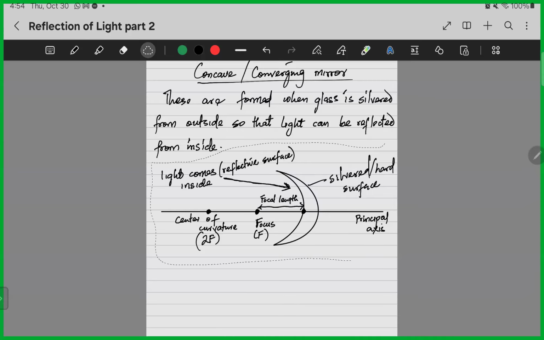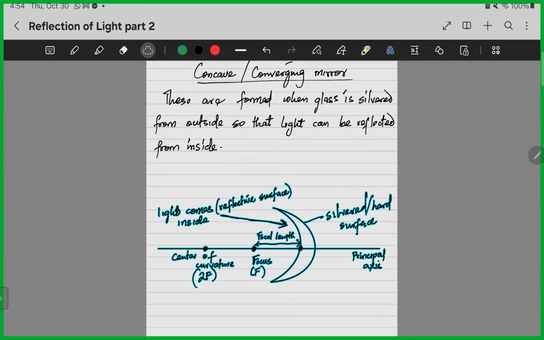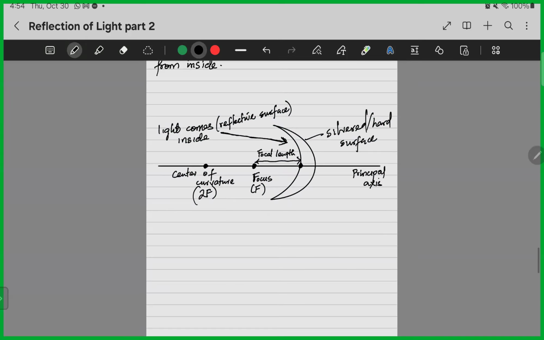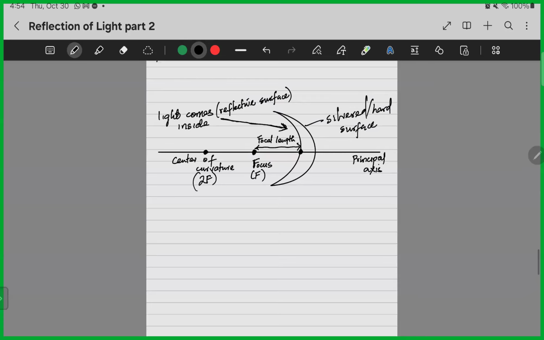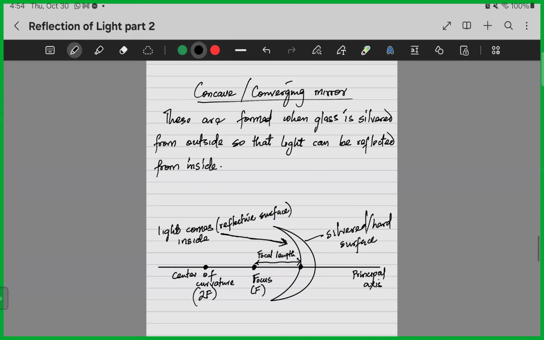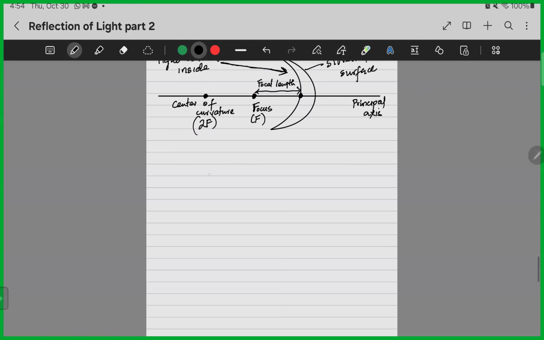Let me move it downwards a bit. So please pay attention. We have talked about a couple of things right now. And this is the diagram of a concave mirror. That's how it looks. Let me quickly talk about a convex mirror.